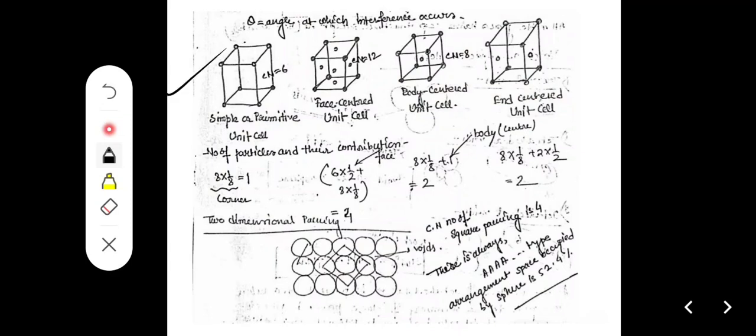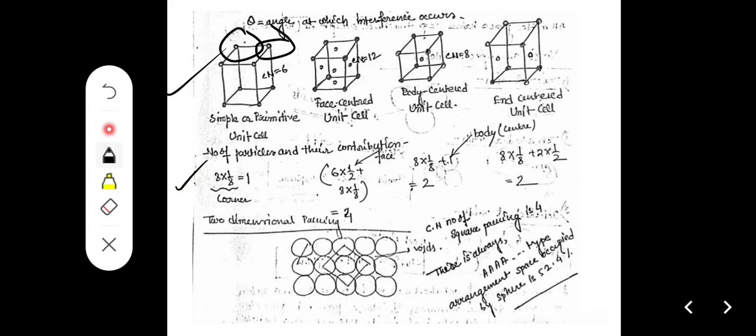First one, the simple or primitive unit cell, where atoms are present at the corners. The number of particles is 8 and their contribution is 1 by 8, which is ultimately 1. That is called Z.